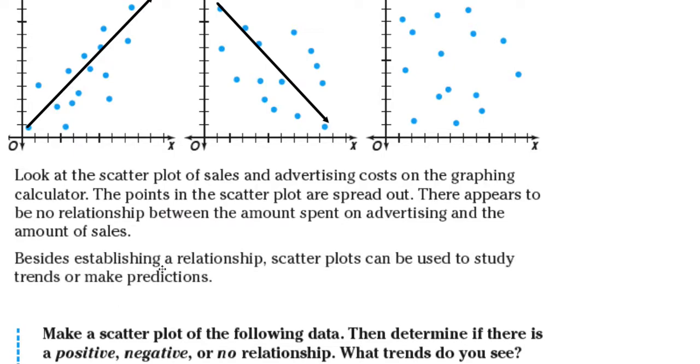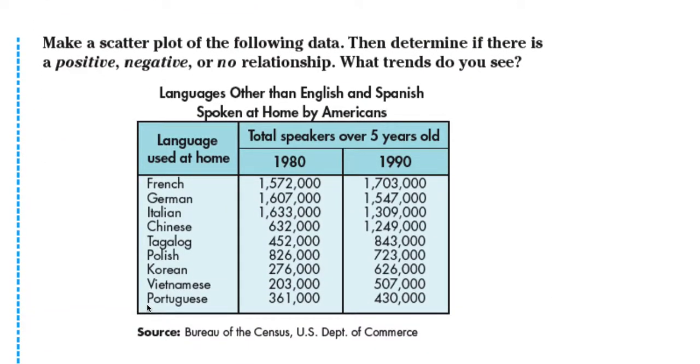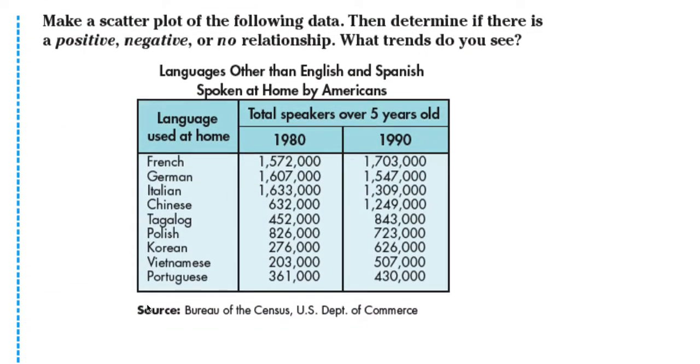Besides establishing a relationship, scatter plots can be used to study trends or make predictions. So we can make predictions from scatter plots. Let's take a look at this example. Make a scatter plot of the following data, then determine if there is a positive, negative, or no relationship. What trends do you see?